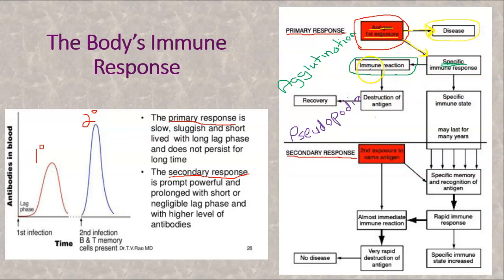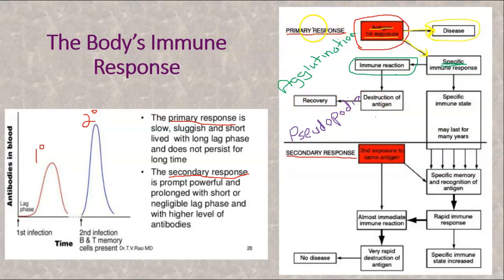So when we talk about immune reaction, we are talking about the involvement of the lymphocyte and the involvement of the phagocyte. Both the lymphocyte and the phagocyte work together in the immune reaction to destroy the antigen. When all the antigens are destroyed with the pathogens that carry them, then you have recovery.